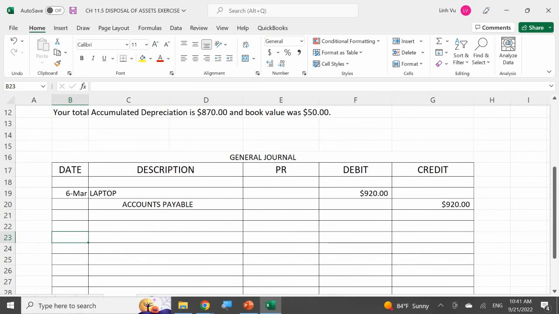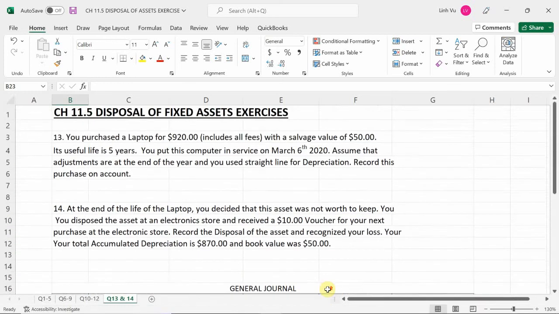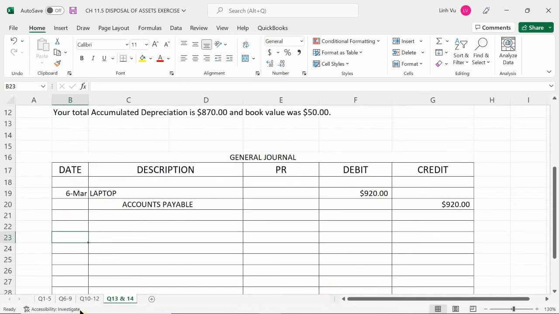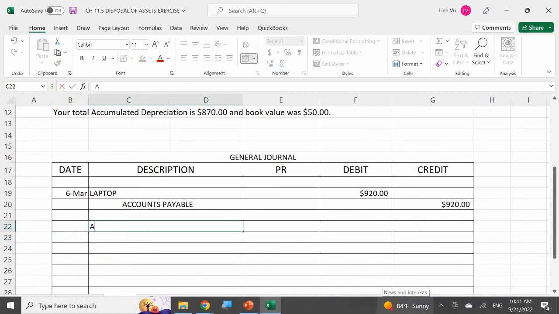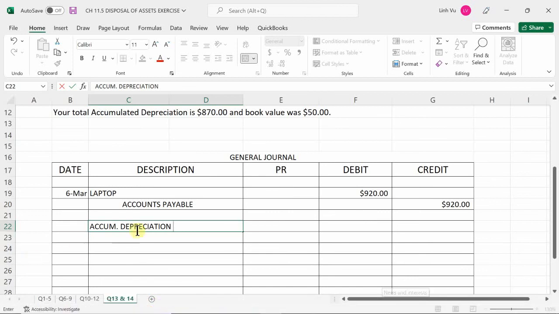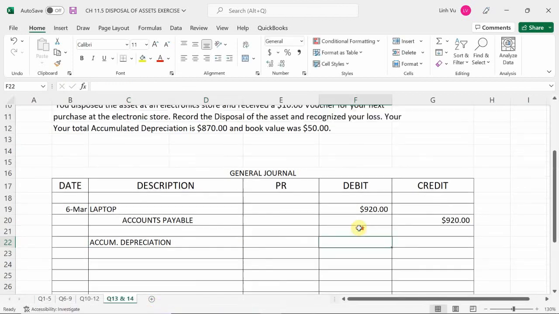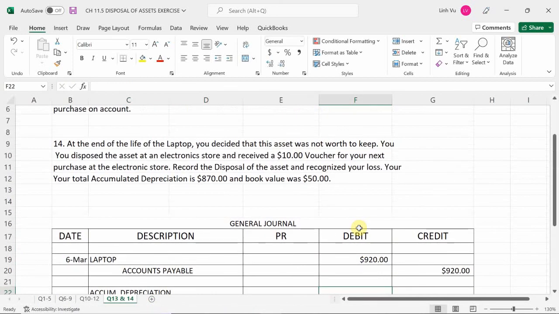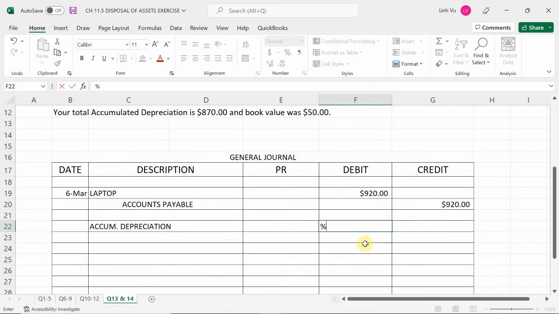In this case, you debit accumulated depreciation. For how much? For $870. Good.